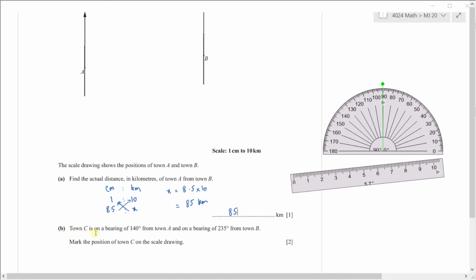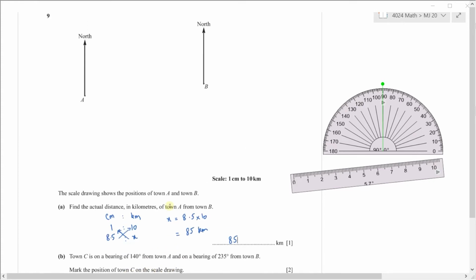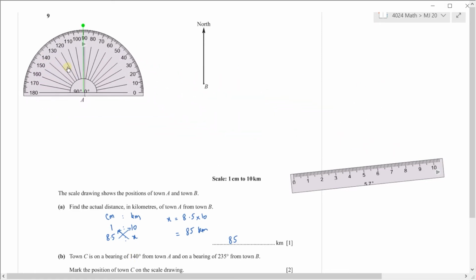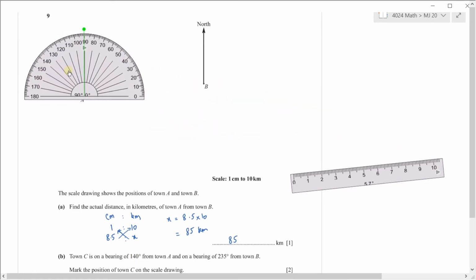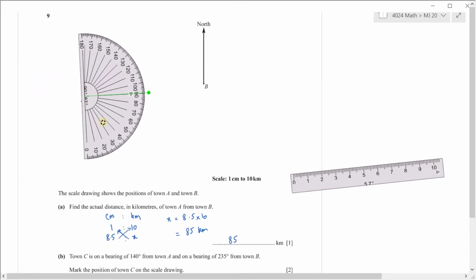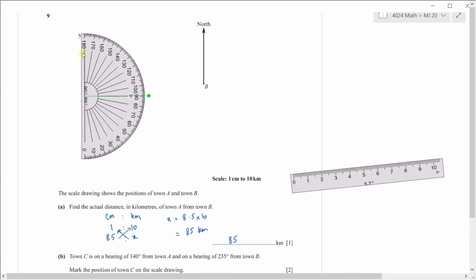Part B is town C is on a bearing of 140 degree from town A and on a bearing of 235 degrees from town B. Mark the position of town C on the scale drawing. So your first bearing is 140 degrees from town A. So I'll use my protractor here and then center it at point A. My 180 degree line is my zero line now because I'm measuring the angle like this.